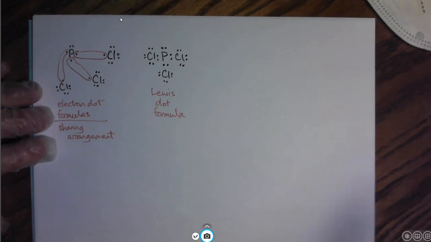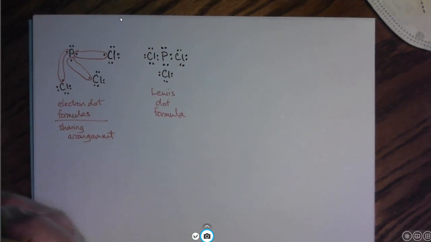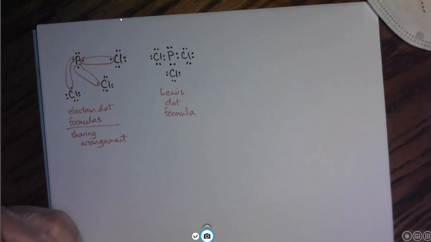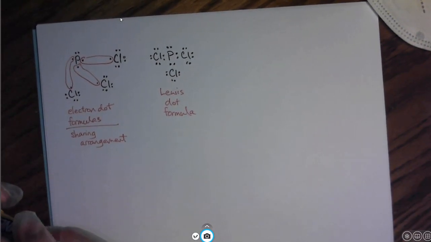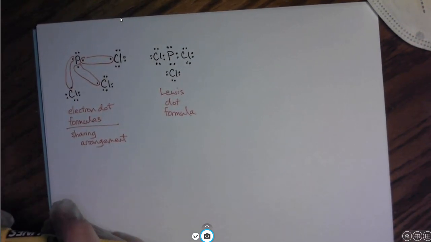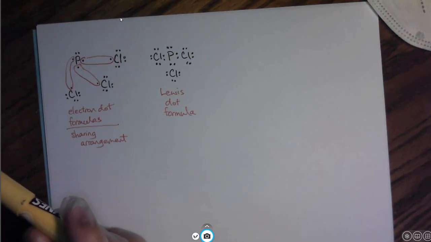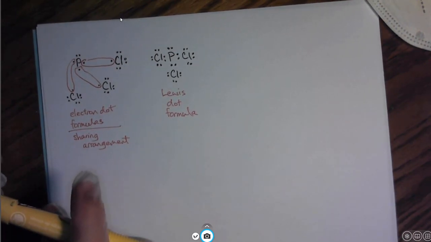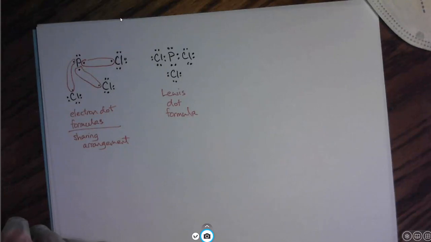You have to identify the number of sets of electrons around the atom to which everything else is bonded. I sometimes call that the atom in the middle. Okay? And sets of electrons fall into two categories. One category is lone pairs.